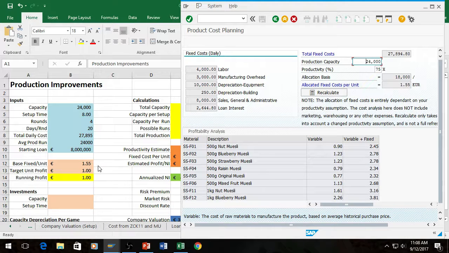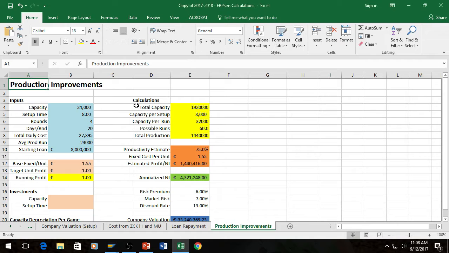The other piece, you know what, I'm going to jump over to the calculations here. Once we know we have 4 rounds, 20 days per round, at a capacity of 24,000, our total capacity is 1,920,000 for the duration of the game. Every time we switch from one product to another, we have mandatory setup time, and right now it's 8 hours, that's 8,000 units.